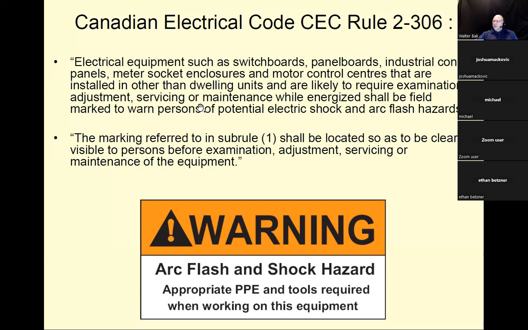that are likely to require examination, adjustment, service, or maintenance while energized, shall be field marked to warn persons of potential electric shock. So basically what this rule says is that if there's any of that equipment that requires maintenance while being energized or otherwise working, that can cause an arc flash, it should be labeled.